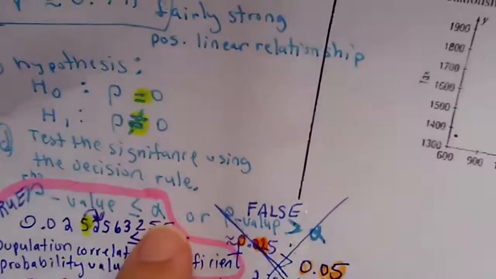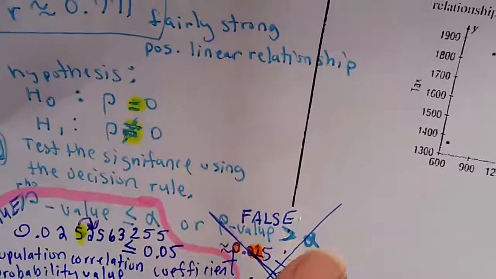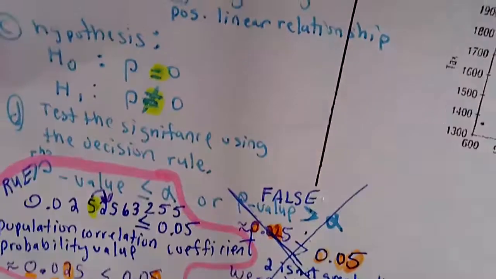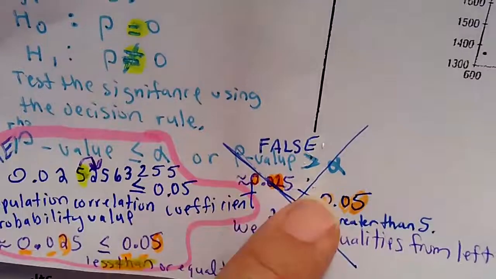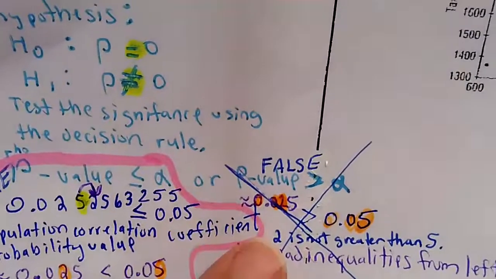So in statistics, you always have to read and reread the problems and read those applications, and they have the right to change the alpha level, and you need to keep track of that, because when you put your alpha level here, you need to be substituting that alpha value there appropriately.